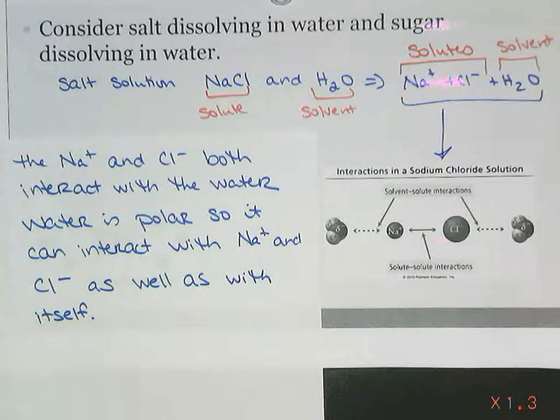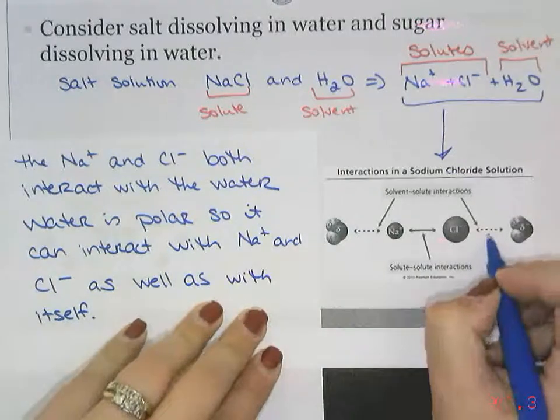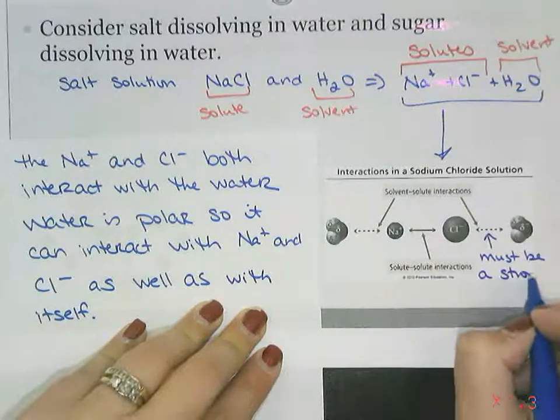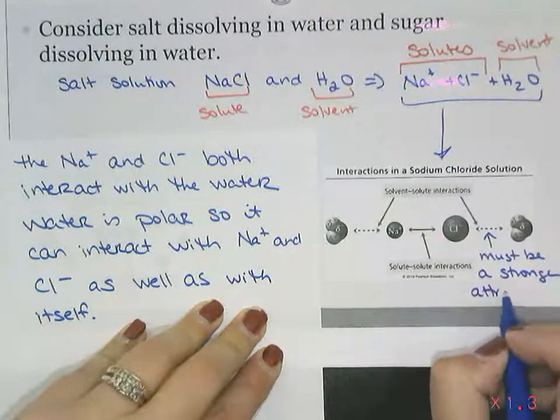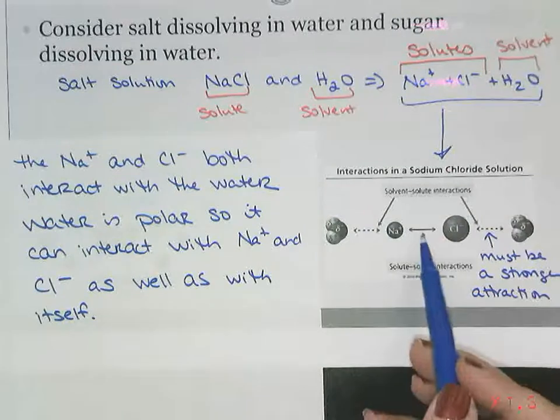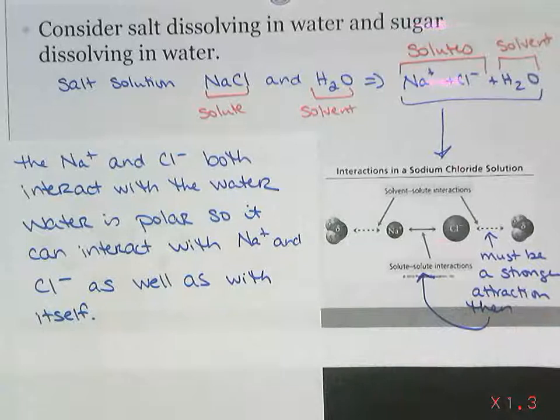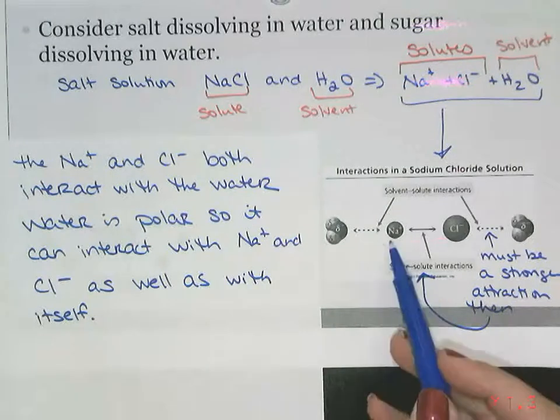This one right here must be a stronger attraction than this one. The chloride would choose to hang out with the water rather than with the sodium, which is why they're ionic. They choose to break into two ions in water.